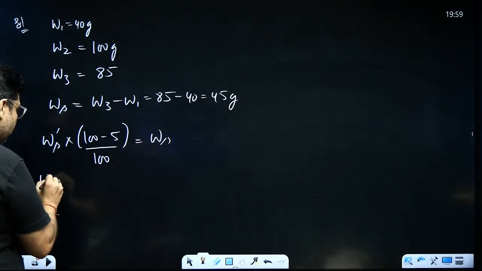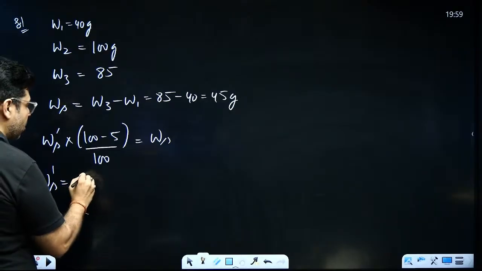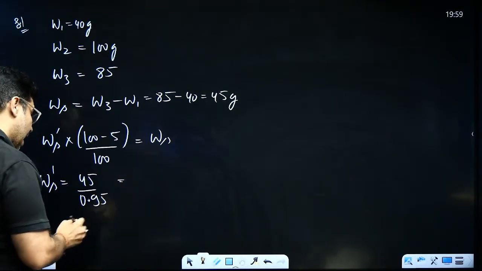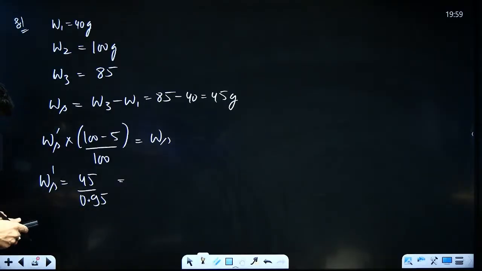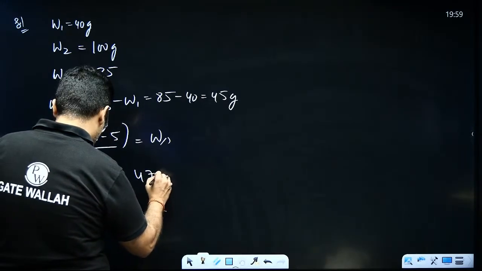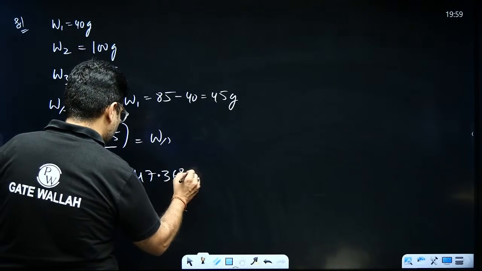So WS dash is 45 upon 0.95. This is the actual weight of solids, taking into account the organic solids that have evaporated. That is 47.368 grams.